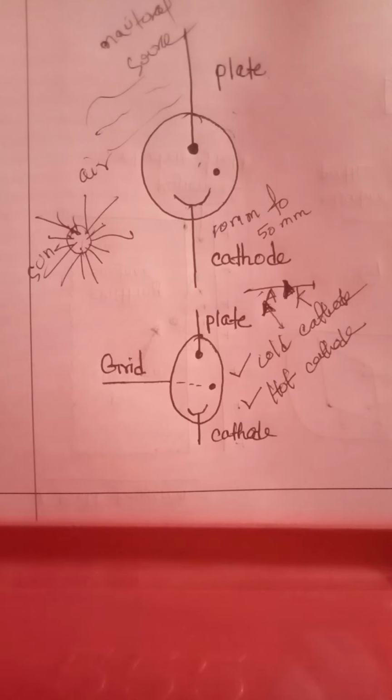And now we look at the hot cathode type. In this type of gas filled tube, the cathode is heated just as in an ordinary vacuum tube. The electrons flowing from cathode to plate ionize the gas molecules.